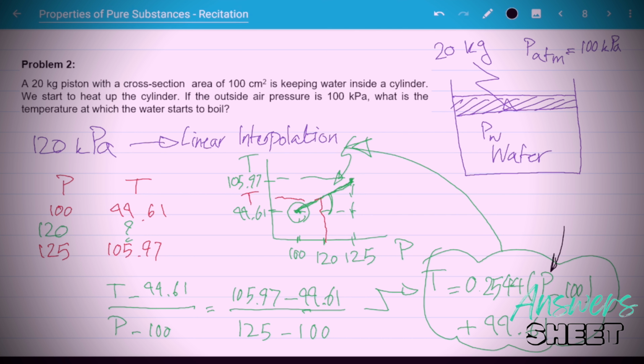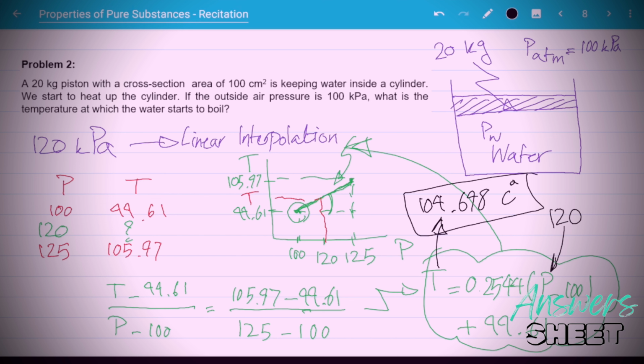I'm going to plug in 120 as my P and find the temperature. Okay, I plugged in the numbers and found that our temperature is 104.698 degrees Celsius.